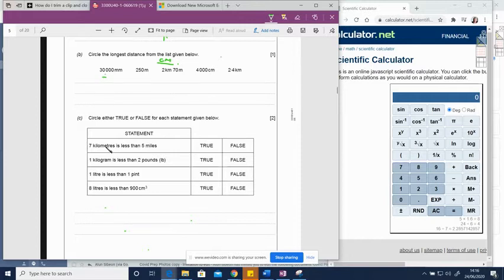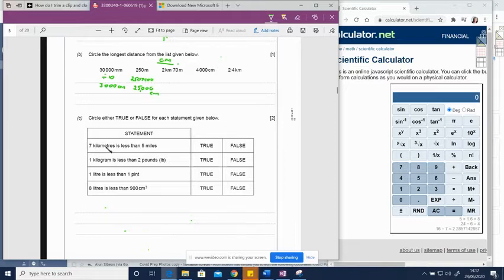So if I divide that 30,000 by 10, it gives me 3,000. That's 3,000 centimetres. 250 metres. Well, I know there's 100 centimetres in each metre. So if I multiply the 250 by 100, I get 25,000 centimetres.